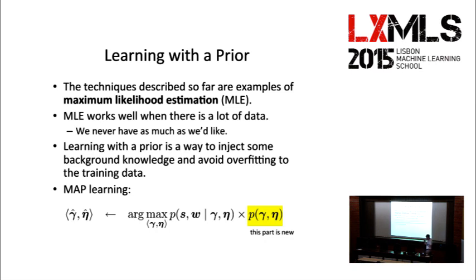So there's a good way to inject a little bit of background knowledge and help us avoid overfitting. One way to do that is called learning with a prior, or MAP learning, maximum a posteriori learning, meaning that we're trying to find the parameters that maximize the posterior probability, or the joint probability of the data, the evidence, and the parameters.